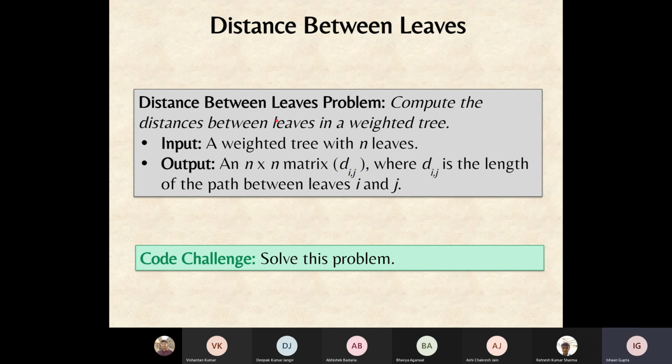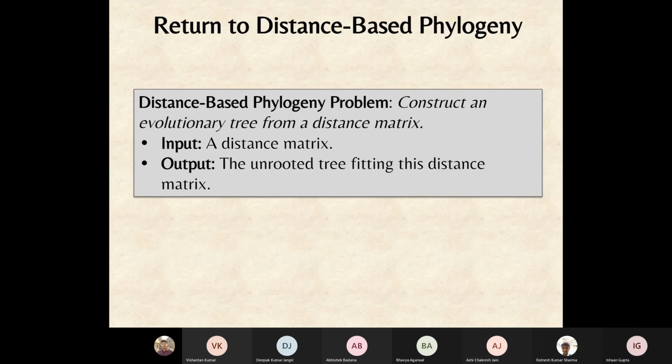Fitting essentially means that you obtain a tree with n leaves such that when you make an n cross n matrix where d_ij represents the length of the path between leaves i and j in the tree that you have made, and this matrix is equivalent to the input matrix, then you would have solved the problem. You can probably appreciate I've given you a circular argument, but we can now define what we mean by fitting of a matrix to a tree. Is this clear to everybody? Yes, sir.